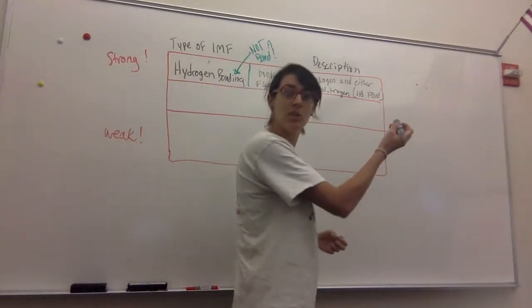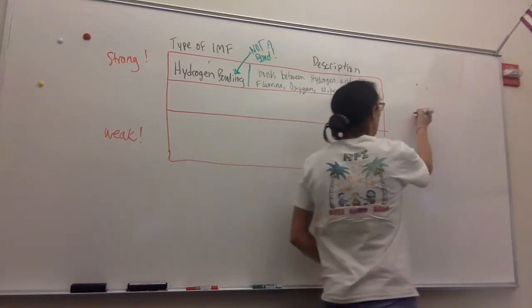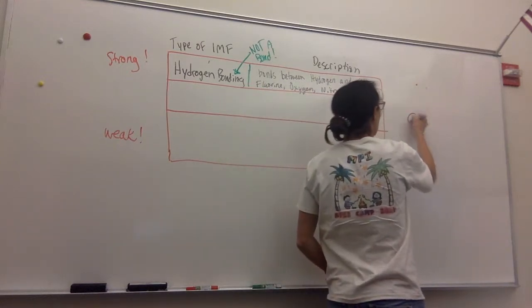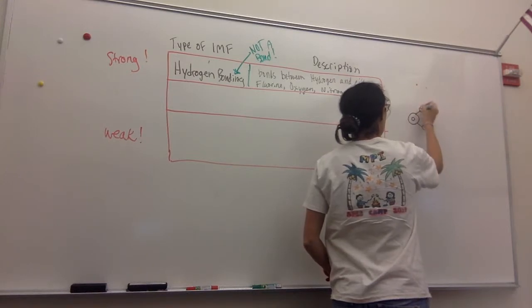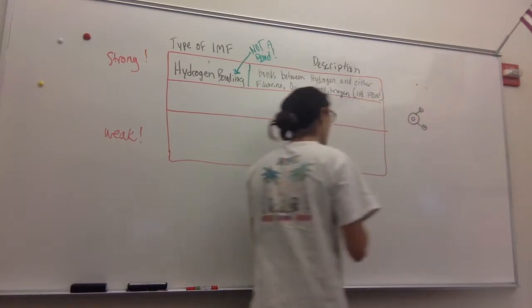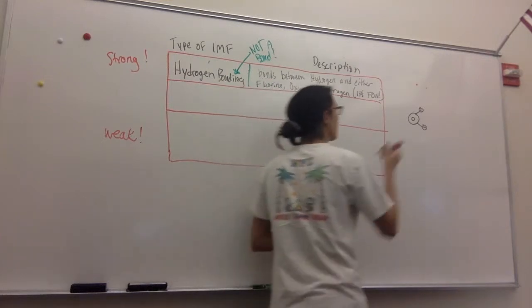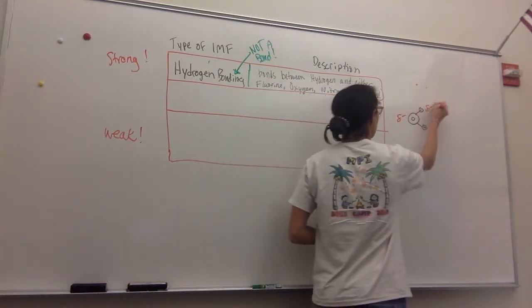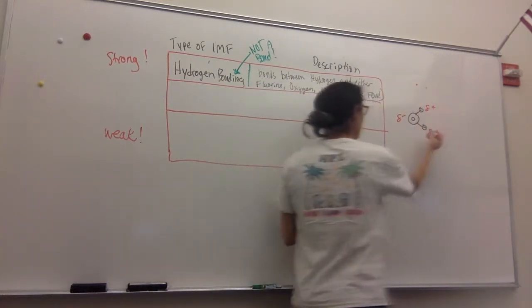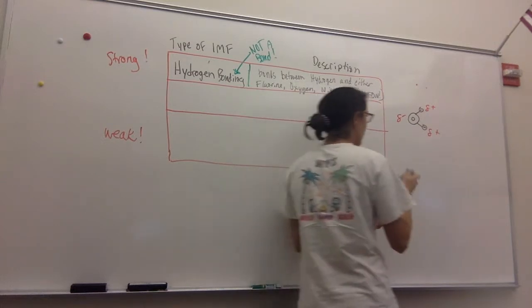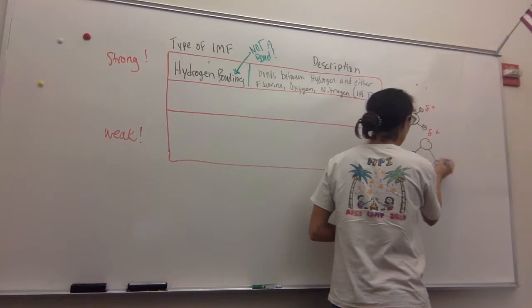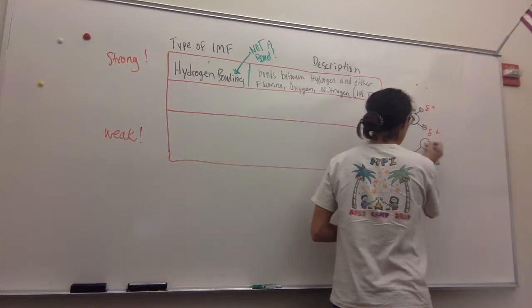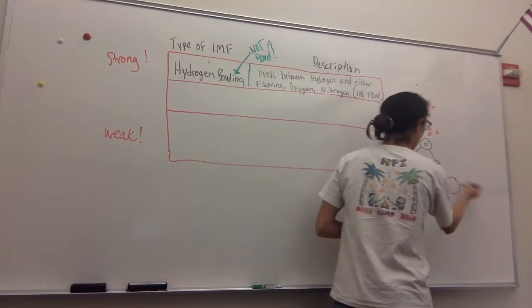And what that looks like is you have, just like I was showing you, the water molecule, oxygen, hydrogen, hydrogen. And like we know, this is going to be the partial negative side, and this is going to be the partial positive side. So that's going to be attracted to another water molecule. And then this one will get attracted to another water molecule.